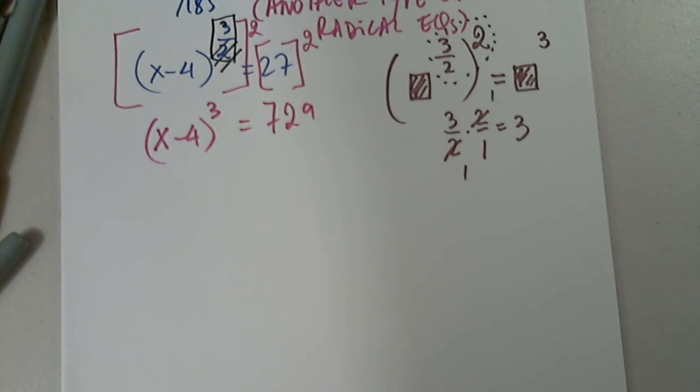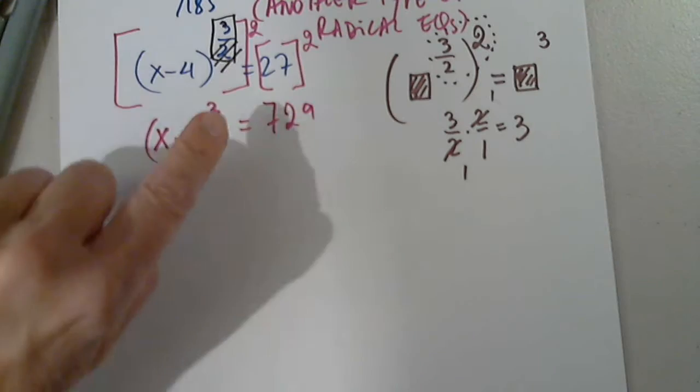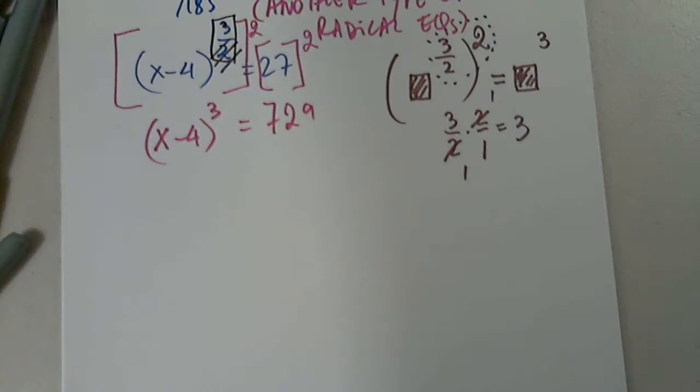Okay, perfect. Now what? Of course, I raised 27 to the second power. What do you think we have to apply now to both sides? Now I want to eliminate this power. How do I eliminate that power? For any reason, do you try to remove the numerator first? I need to remove the denominator first and then the numerator.